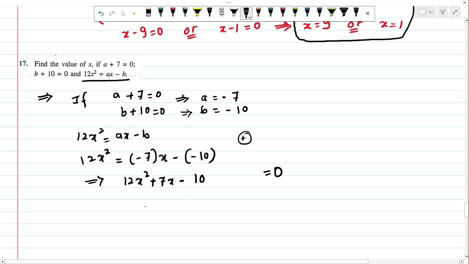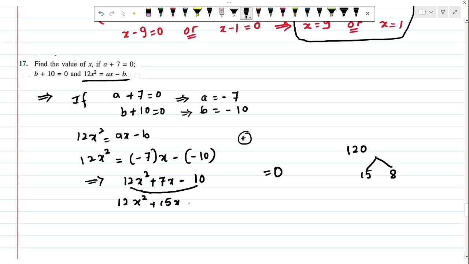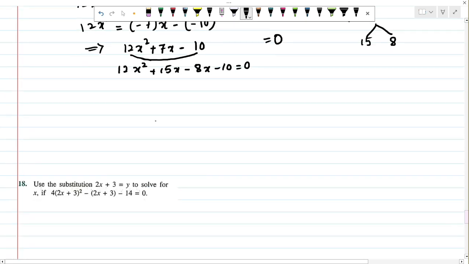So if I write the equation for 120, that is 12 into 10 is 120, for this 15 8s are 120. I'll write the equation as 12x square plus 15x minus 8x minus 10 equals 0.